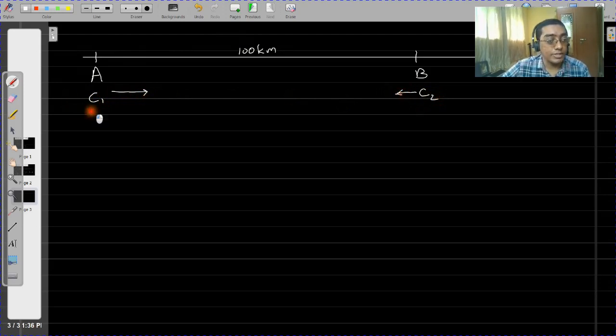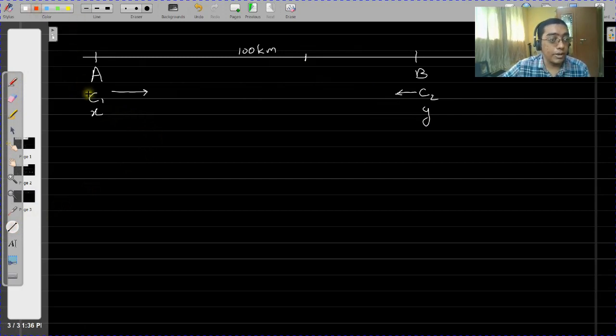Car 1 is traveling with speed x and car 2 is traveling with speed y. Definitely they will meet earlier than the first case. So let's assume they meet somewhere over here. They meet within 1 hour. That's the next important thing.